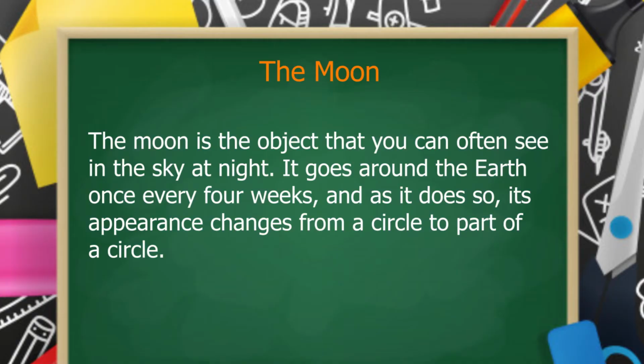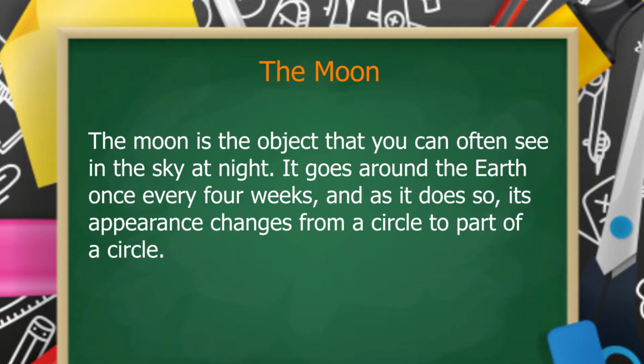Okay, let's go. Now I'm going to read what is the moon. The moon is the object that you can often see in the sky at night. It goes round the earth once every 4 weeks. Yes, every 4 weeks.